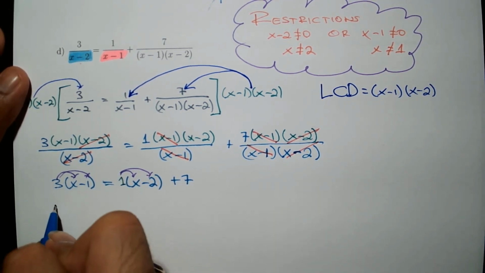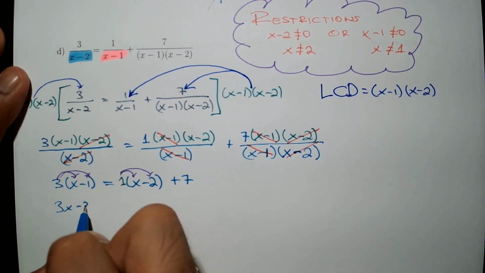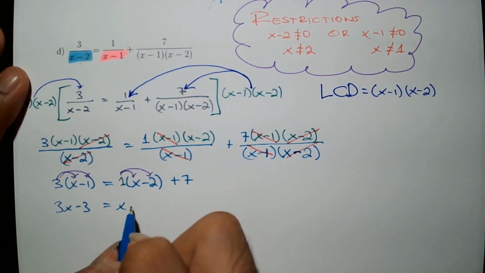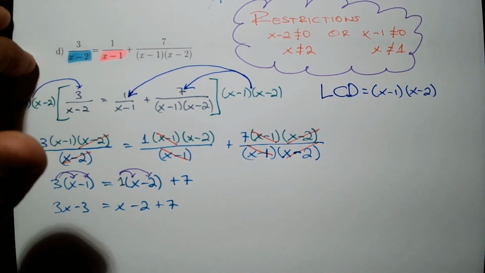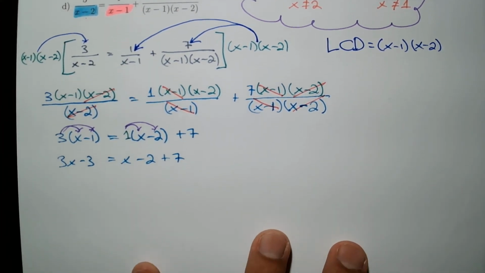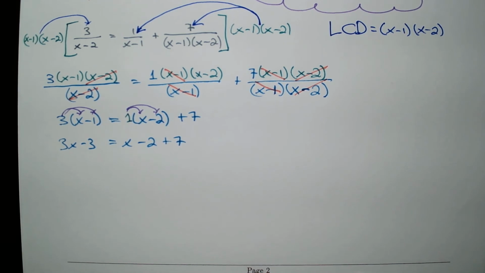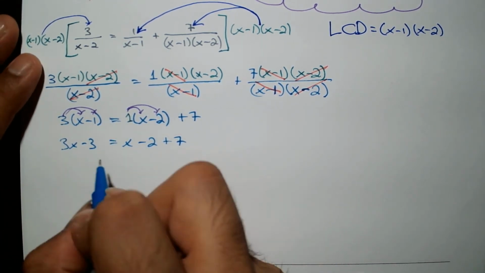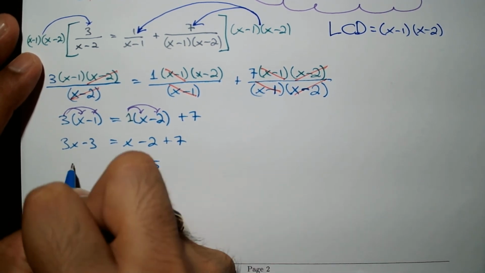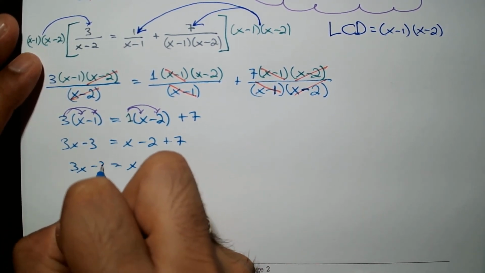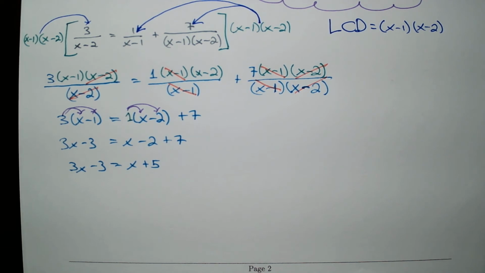So I'm going to have 3x minus 3 equals x minus 2 plus 7. Before moving things around, let's first combine like terms. 7 minus 2, that's going to give us a 5. And still we get 3x minus 3 on the left hand side.